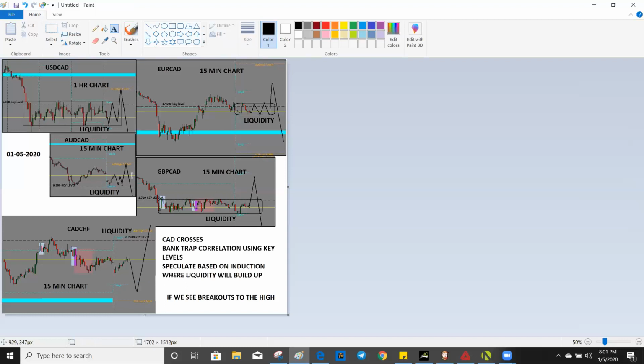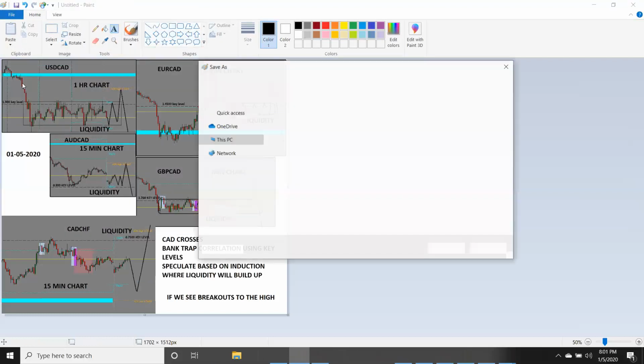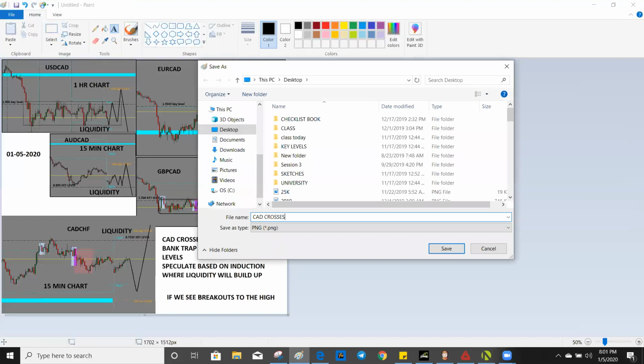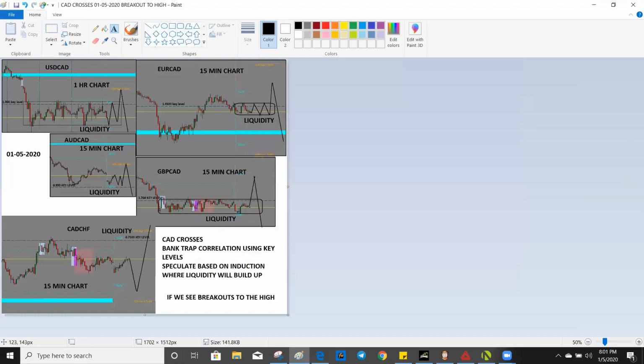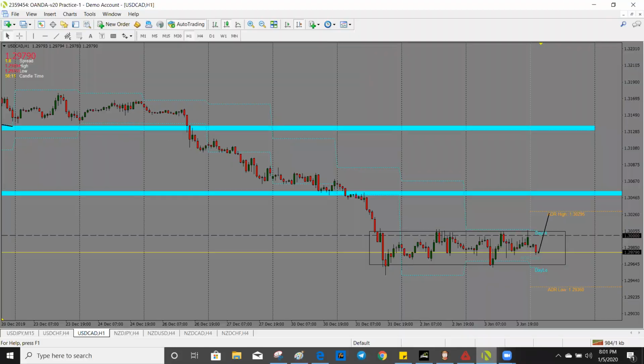It's good to choose the currency crosses that are really working on all these obvious psych levels at the same time. And for this case, it's the key levels that really show it out. All right, Canadian crosses. Breakout to high. And that's what I'm leaning on.